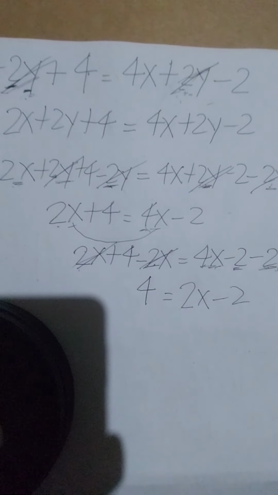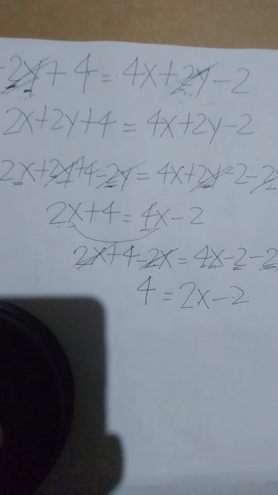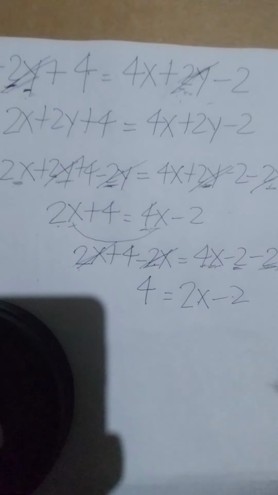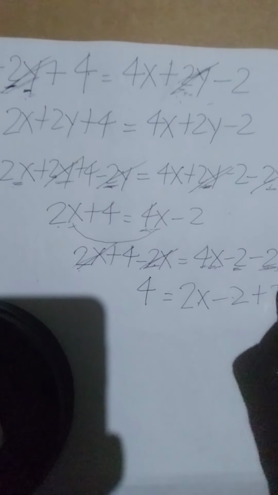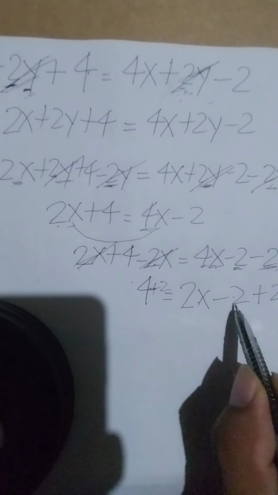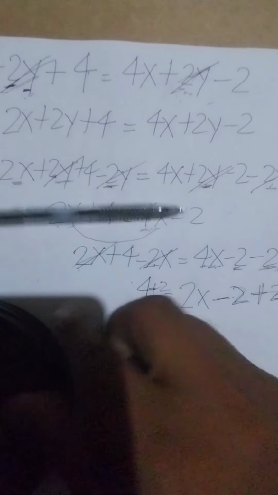So, ngayon naman 2x minus 2. So, ibig sabihin, ang gagawin natin dito, we're going to add 2 din dito sa kabila. Bakit? Para mag-cancel out to. Negative 2 plus 2 equals to 0.